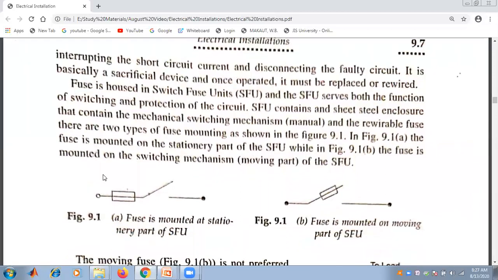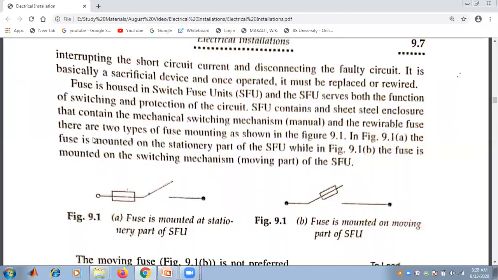In a switch fuse unit, the SFU serves both the function of switching and also the protection of the circuit. The SFU contains a sheet steel enclosure that holds the mechanical switching mechanism, that is the manual switch, and the rewirable fuse.